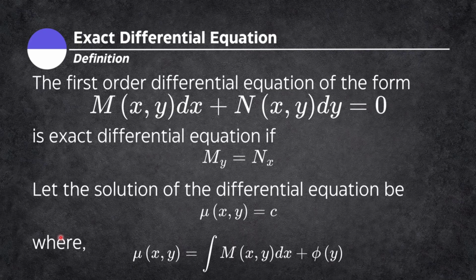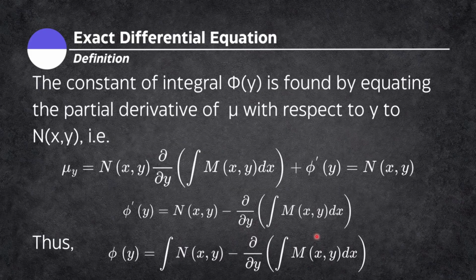And the solution of this differential equation is mu of x,y equals c, where mu sub x of x,y is equal to the integral of the M function dx plus phi of y. So we just need to focus here on phi of y, because phi of y is the constant of integration.